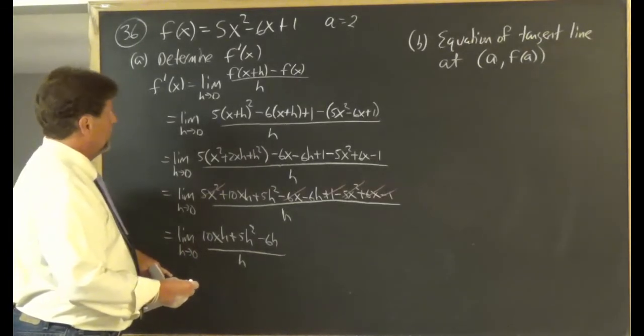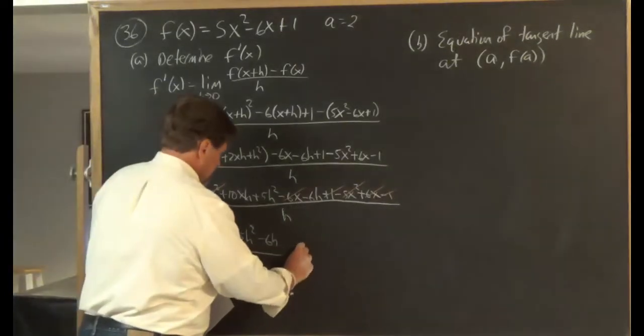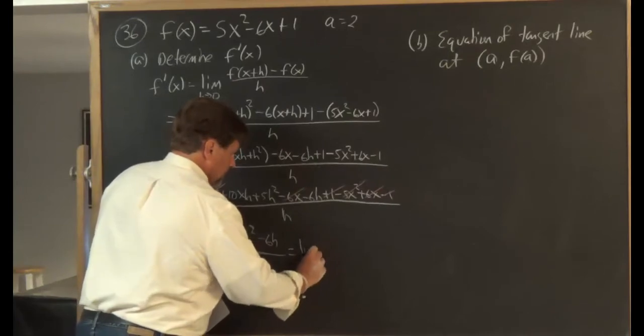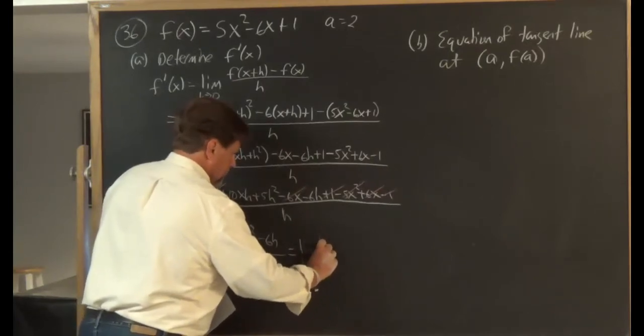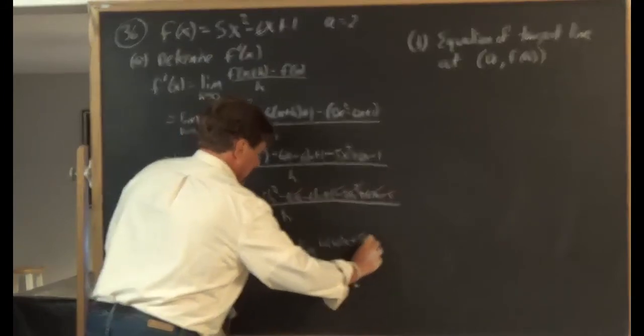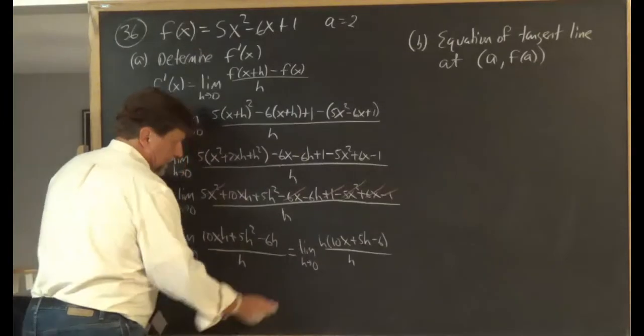But you know what? I can factor an h out of the numerator. That's kind of sweet. So let's see. If I factor out an h, I'm left with a 10x plus a 5h minus 6. And then I can cancel out the h.